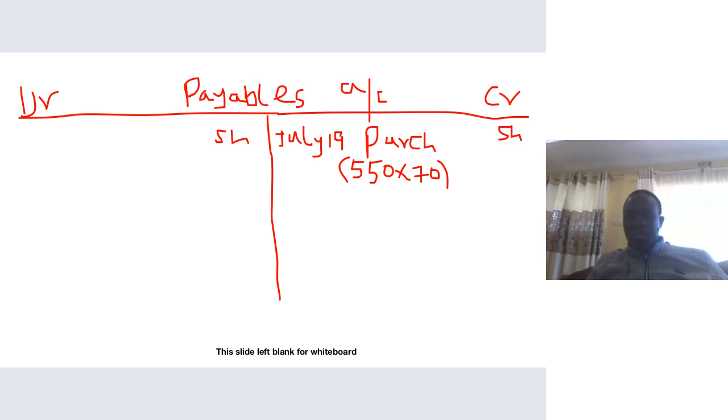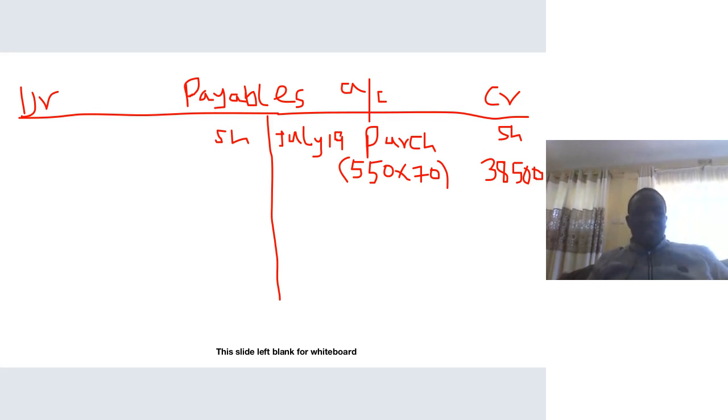Multiplying 550 by 70 gives us 38,500. Good. Please make use of your calculators. So that is the transaction that will be recorded in July 2019. I commend Ogutu, Steve, and Kimani Gishui, who are very attentive.